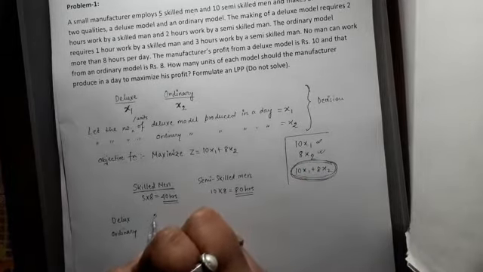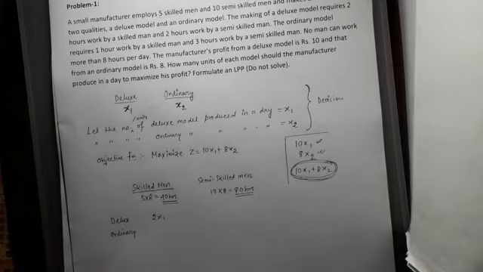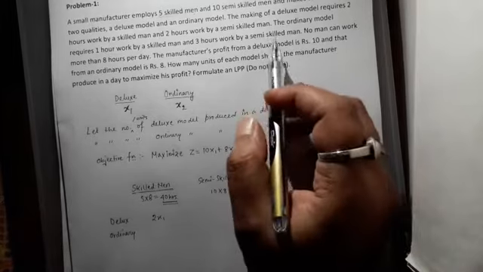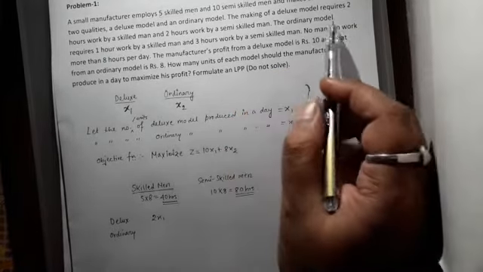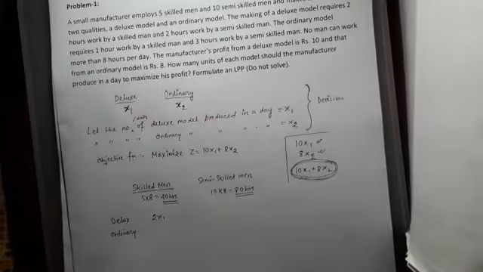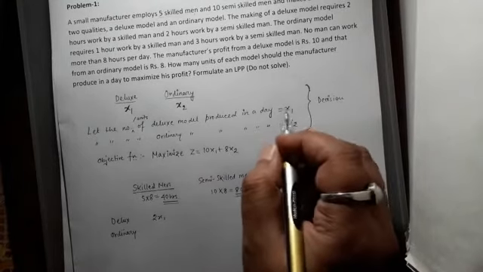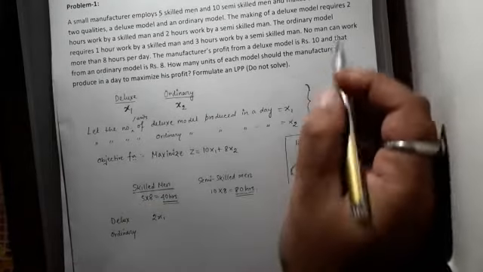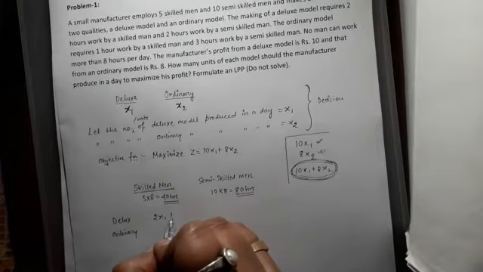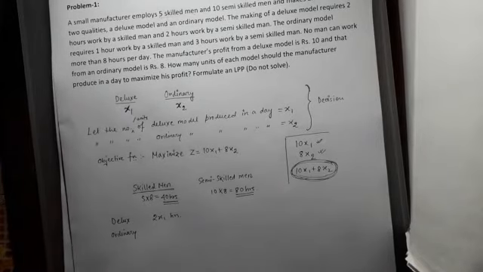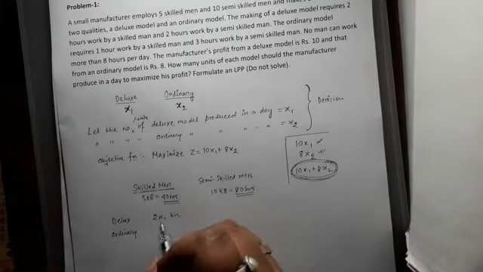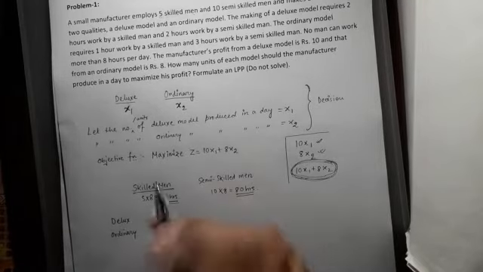It's 2x1. For producing 1 unit we need 2 hours, and for producing x1 units we need 2x1 hours. So 2x1 hours by a skilled man is required for the deluxe model only.